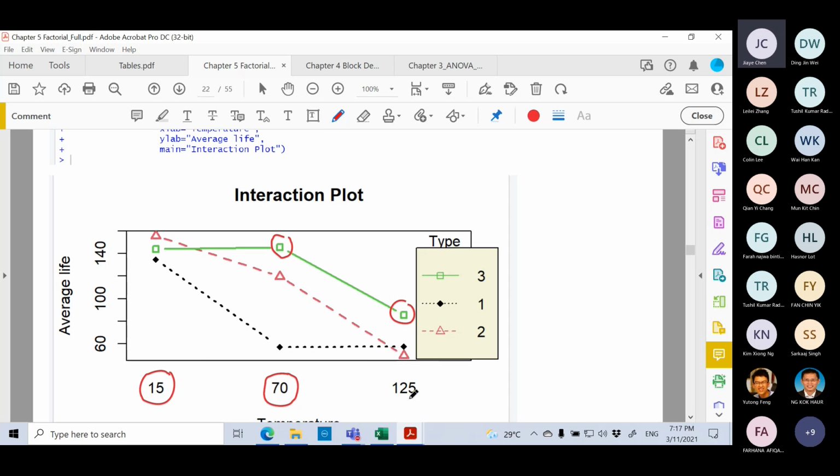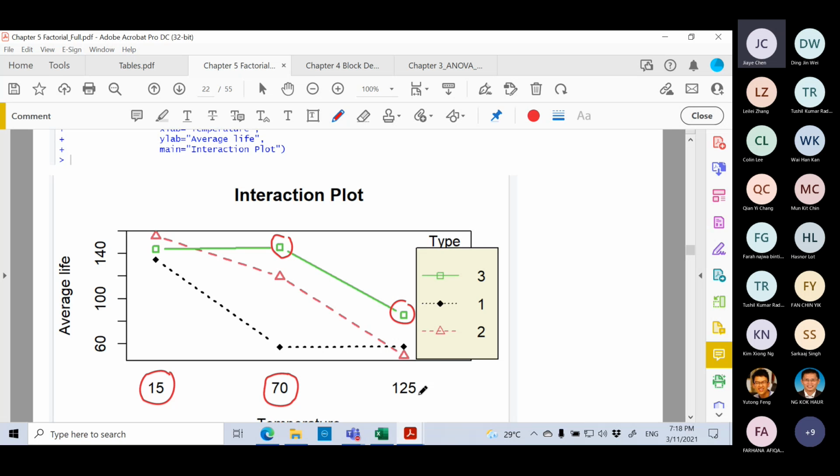Okay. This shows that when you have an interaction effect, you cannot test in general for the changes. If you want to compare the different types of material, you need to fix a certain level of the temperature, then do the comparison. For example, if I fix at 70 degrees, then I compare the 3 materials.